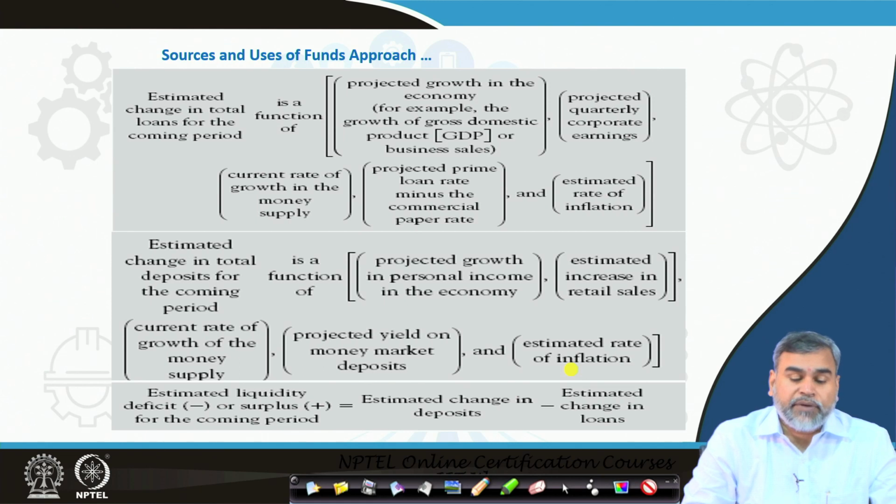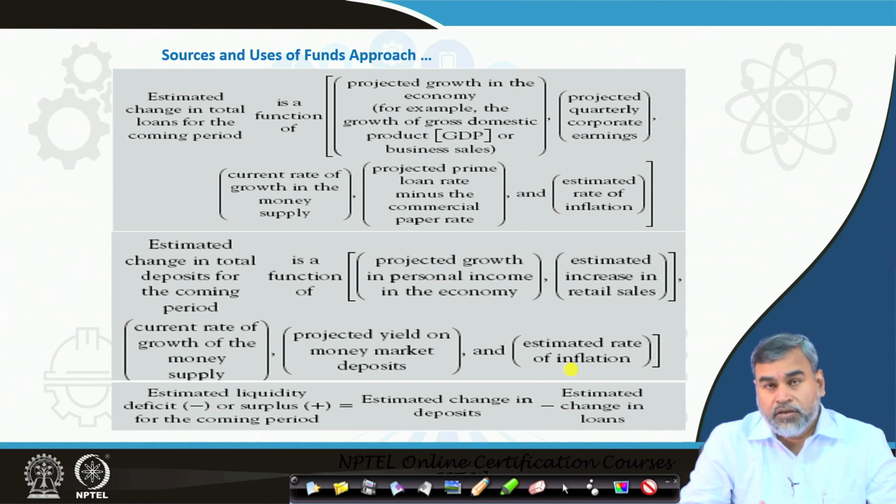Then the projected prime loan rate minus the commercial paper rate, which is basically the spread we have to see, and the estimated, expected inflation rate, and how the purchasing power of the consumer is going to be affected due to the other macroeconomic fundamentals.